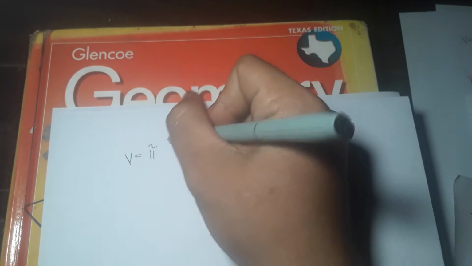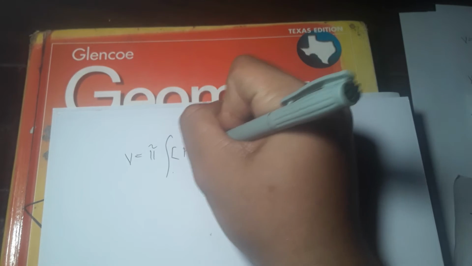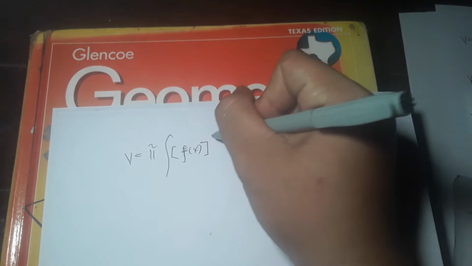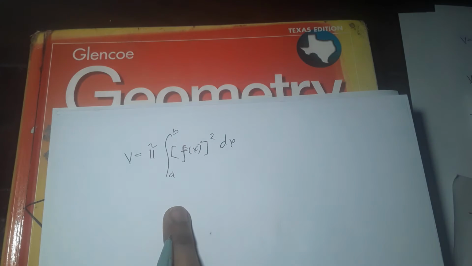So this would be V equals pi times the integral of f of x raised to the second power with respect to x, dx. We have here a and b that represent our limits of integration.